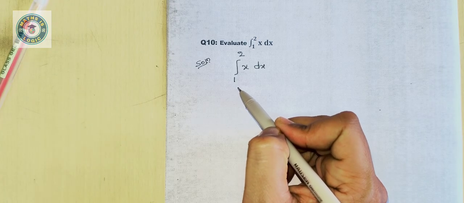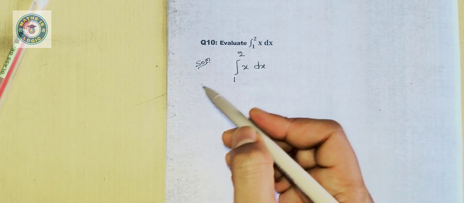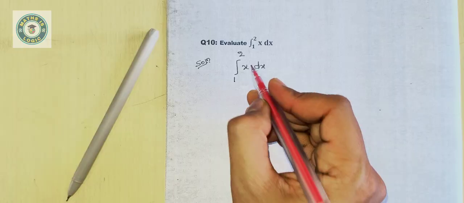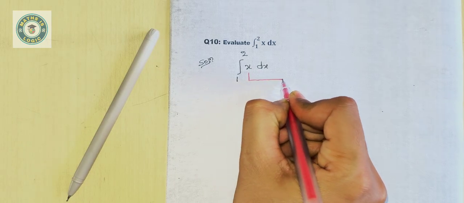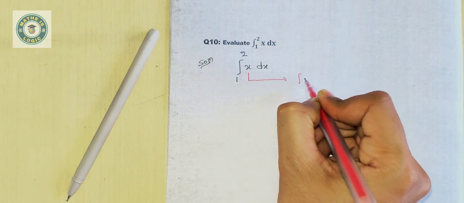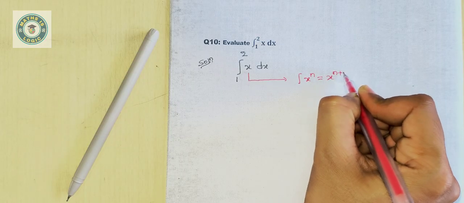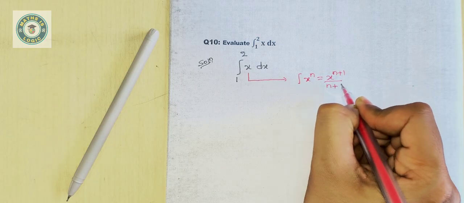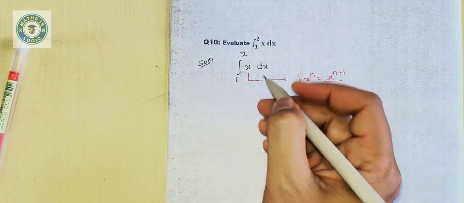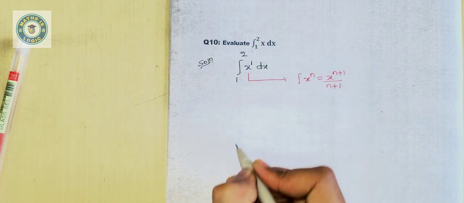So in definite integration, how do we integrate? As usual, for this x we are going to apply the formula: x power n is x power n plus 1 divided by n plus 1. Where there is no power, the value 1 will be there.